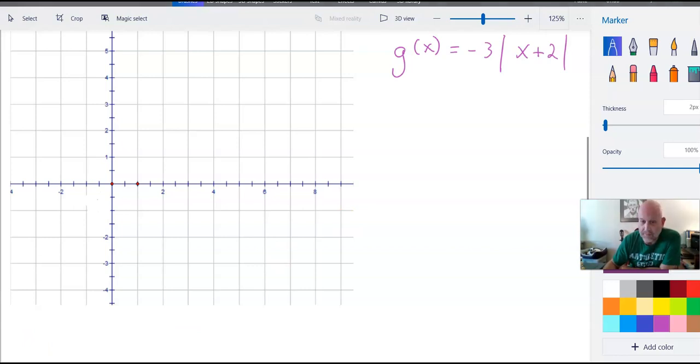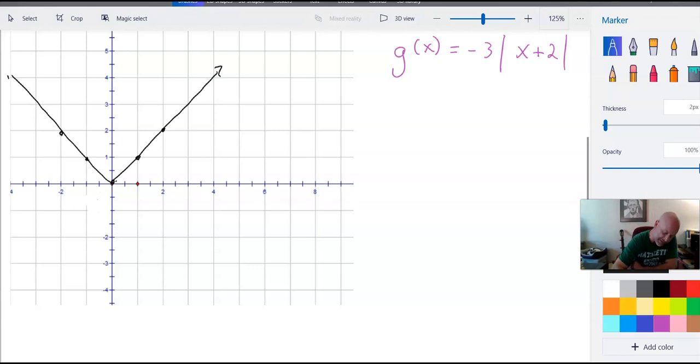Okay, so we know that the absolute value, if it has been unaltered in any way, basically gives you two lines that meet up at the origin, and they make this V shape, right? So you get something like this. And so we need to figure out what happens here.